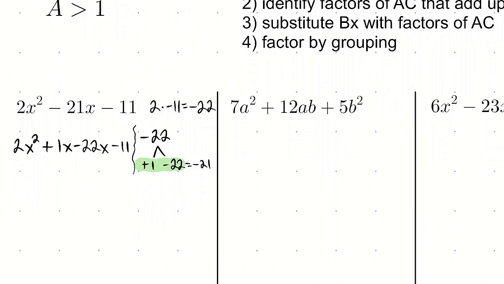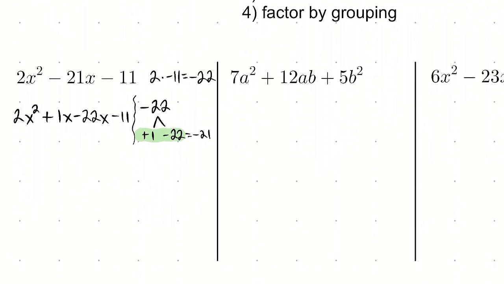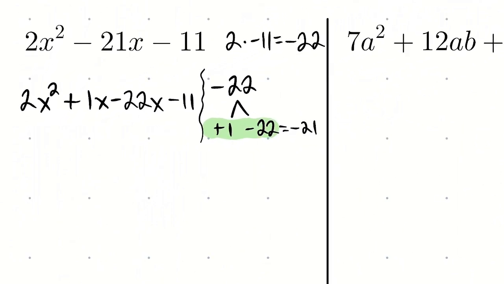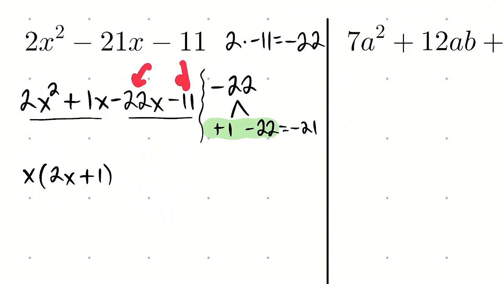So now on the last step, it says factor by grouping. So now we're going to do that. So I'm going to group this into the first two terms and the second two terms. I see for the first two terms we have an x in common. So that's the greatest common factor. So we get left with 2x plus 1. And now for the second two terms, it looks like we have a negative 11 in common between the negative 22x and the minus 11.